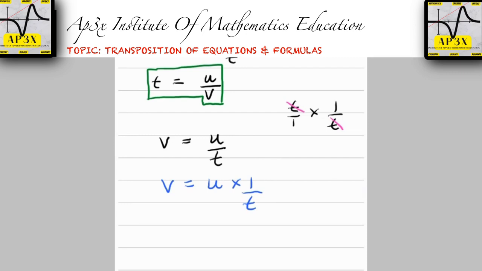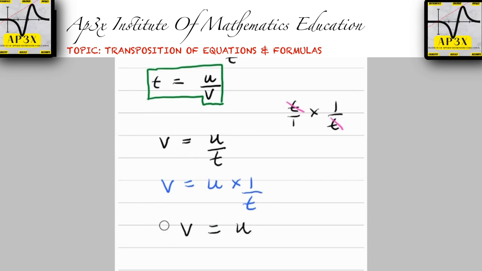So by going ahead here and multiplying by the reciprocal, we could say the reciprocal of 1 over T is T.